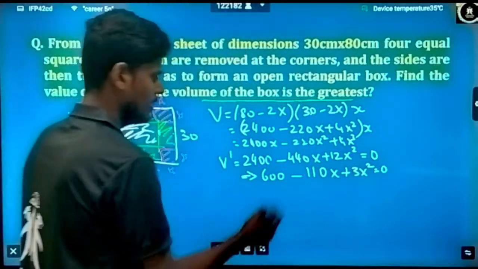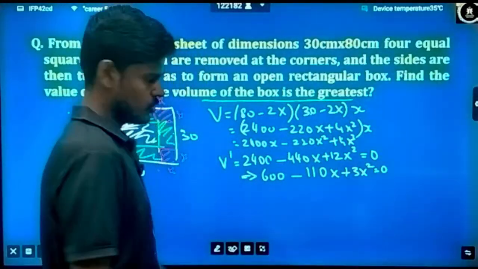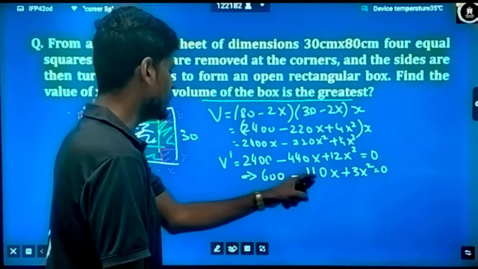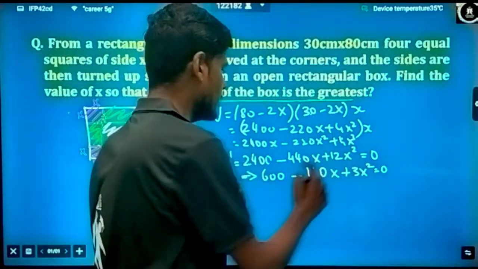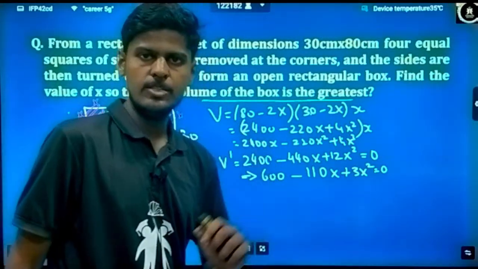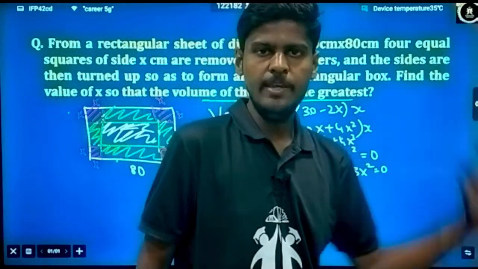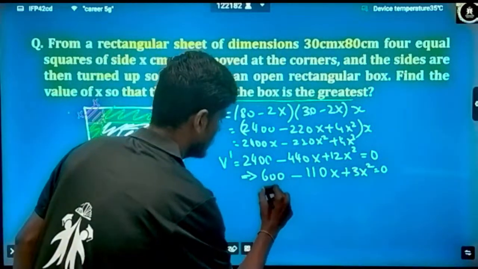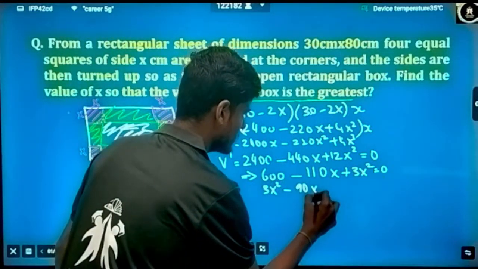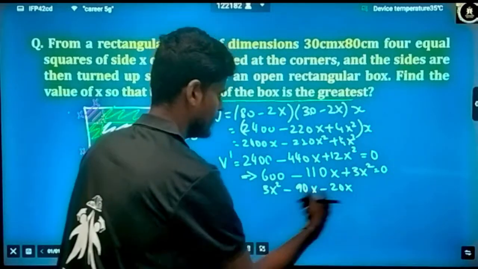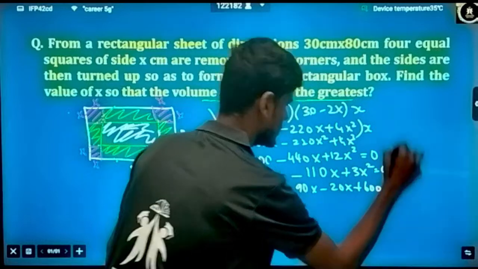What are the factors? 3x square minus 110x plus 600. So the product of two numbers should be 1800 and the sum of the numbers should be minus 110. What are the numbers? 90 into 20 is 1800, 90 plus 20 is 110. So we can split this as, I will write the x square term first, 3x square minus 90x minus 20x, that is minus 110x, plus 600 equal to 0.